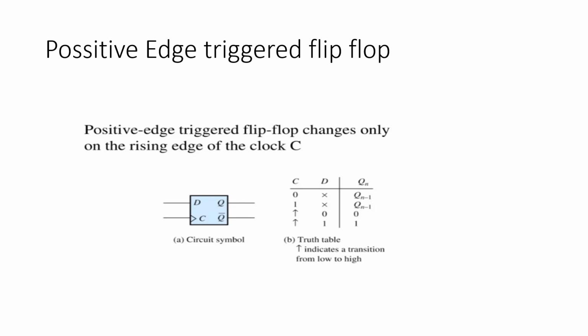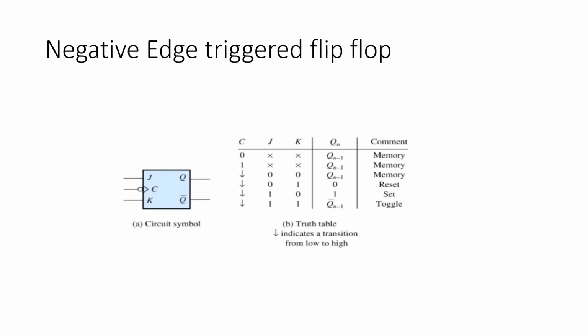Okay, so next is the negative edge triggered flip-flop. Here as an example, I have considered the JK flip-flop. It has two inputs J and K and two outputs Q and Q bar. Along with the two inputs J and K, we have a clock input here.